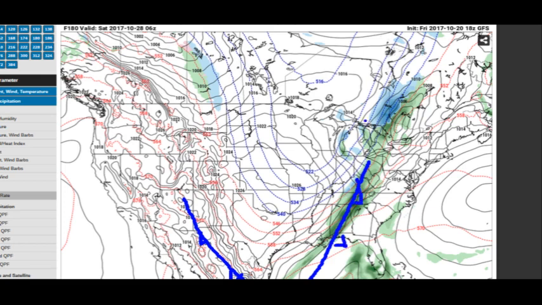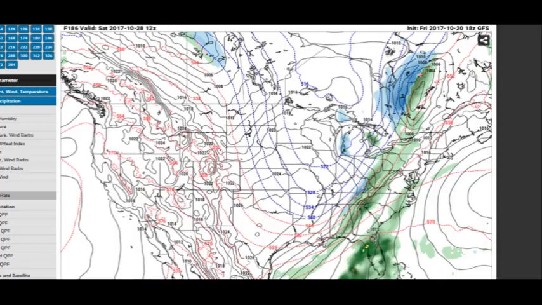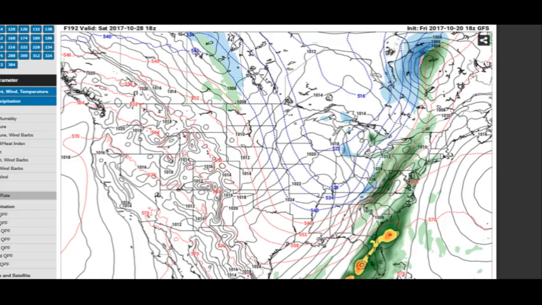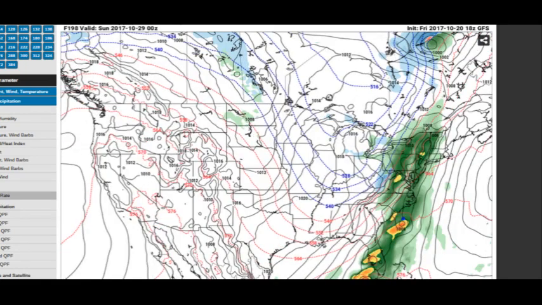That system just plunges all the way south. So that'll probably reach Florida and Georgia and the Carolinas here. And yeah, thunderstorms. So that's gonna be for Saturday, the 28th. Looks like a very stormy pattern there around Florida and Georgia.